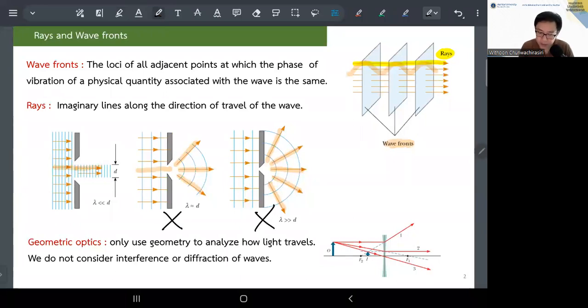Why? Because if you try to represent the traveling direction, you don't know what to do, since it's spreading out. Your concept of rays, which indicates the direction of motion of the wave, is kind of lost. I don't know how to split this arrow, so that's not good.